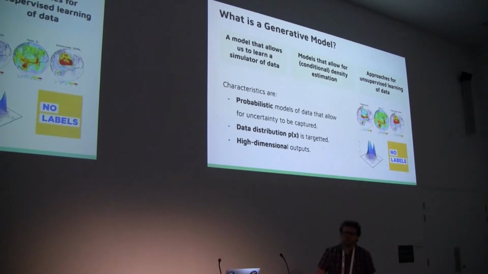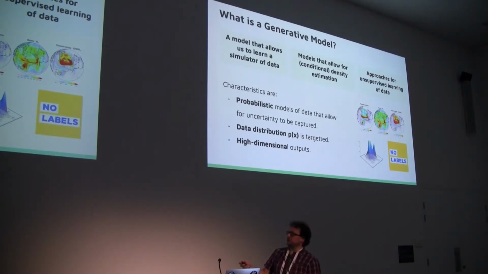There are many problems that involve making predictions, and prediction is basically solving conditional density estimation. And there are a lot of things under the umbrella of unsupervised learning, like extracting concepts from videos, and augmenting data, let's say in the case where you have unlabeled data and you still want to learn something from the data.